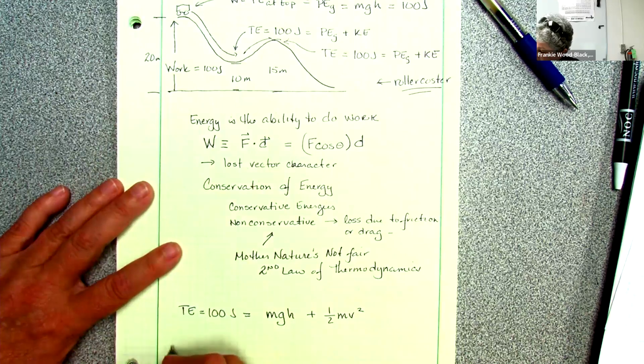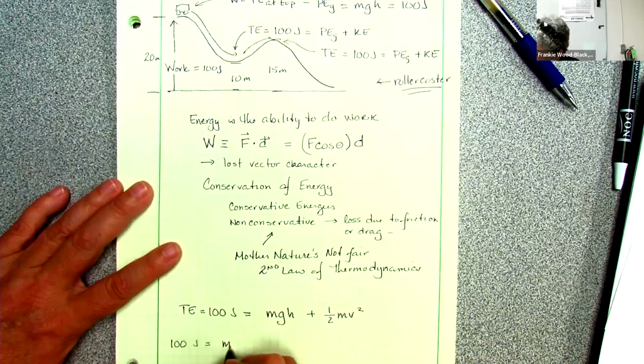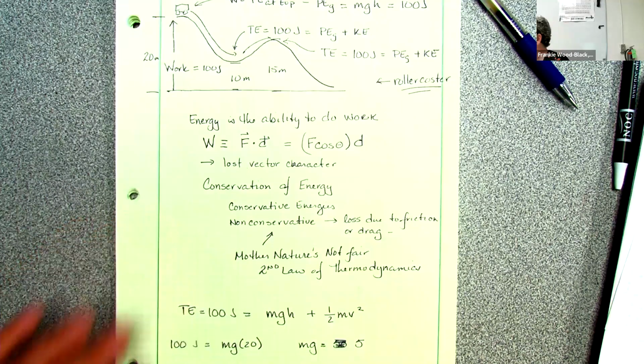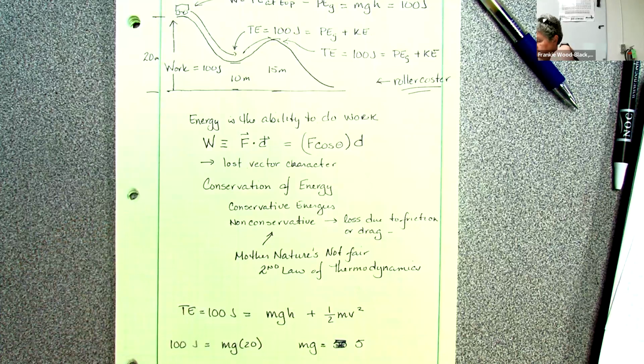Well, if I have 100 joules equal to my mg times 20, mg is going to equal 5 newtons, sorry. 5 times 20 is 100. So that's going to be 5 newtons.